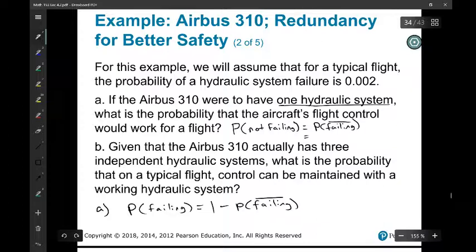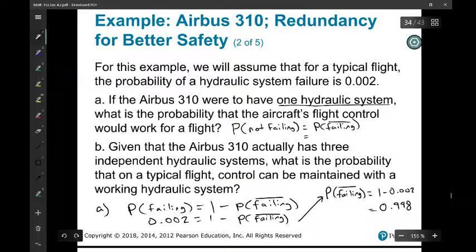Probability of failing is 0.002. And we can do some algebra here and get the probability of not failing is equal to 1 minus 0.02, or 0.998.